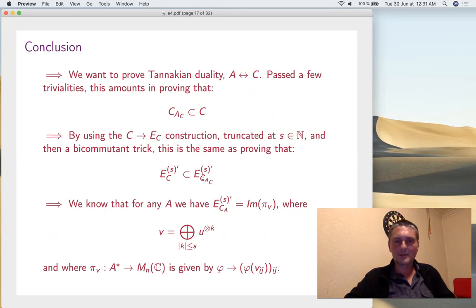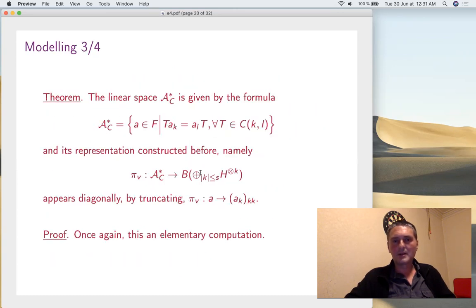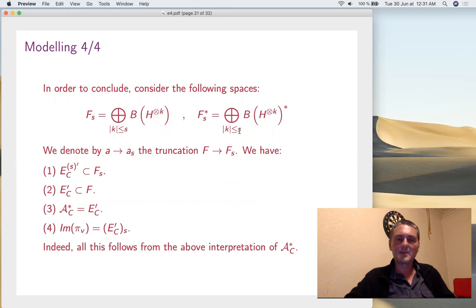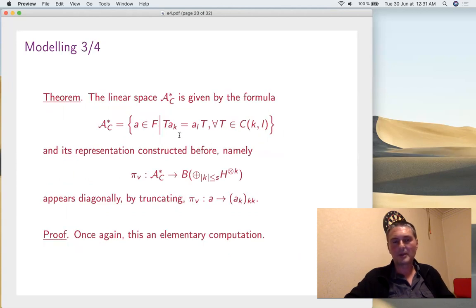Yeah, we want to prove this at level S. So now let's truncate these big model spaces, and we have, well, this. That's the main thing. The A_C star is exactly the commutant of E_C. And the image we're interested in is the truncation at level S of this thing. So all this follows from this interpretation of A_C star.